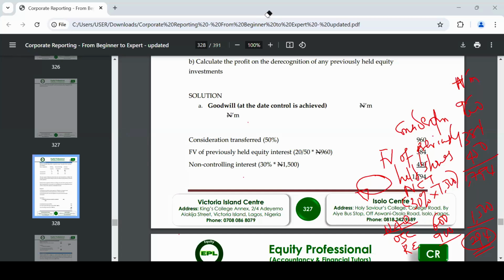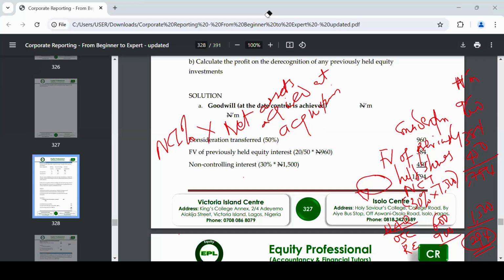Okay? What that means is this. If they say proportionate share, I will ask, what is the NCI percentage multiplied by the net assets acquired at acquisition.